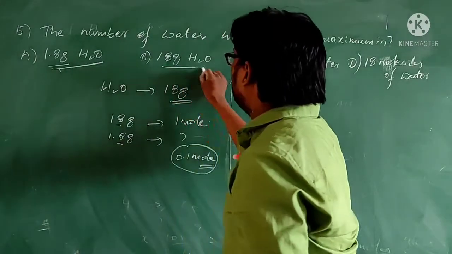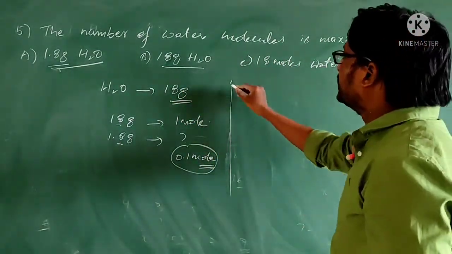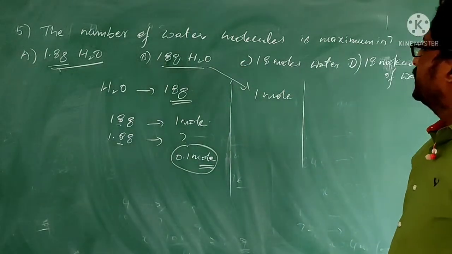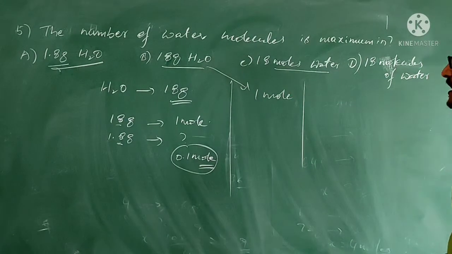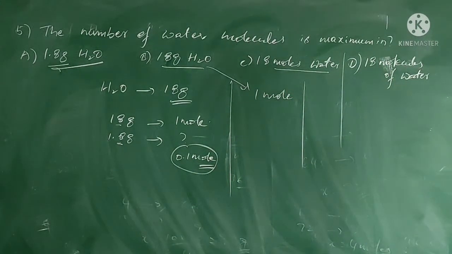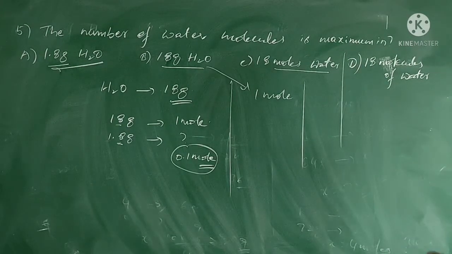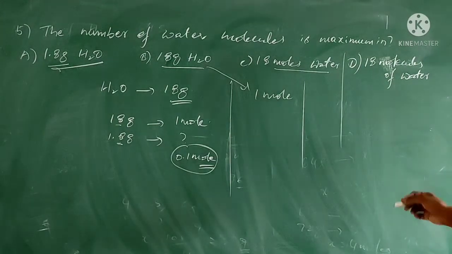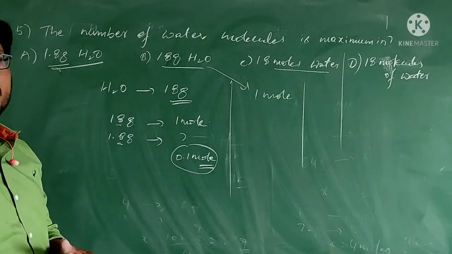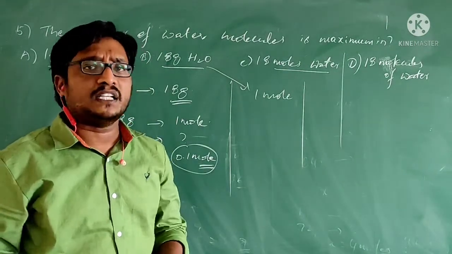In the same way, in option B, he has given 18 grams of water, which represents 1 mole. And 18 moles of water he has given in option C. In option D, he has given 18 molecules of water. He has directly given the number of molecules. Now, 1 mole of any substance will represent how many particles?